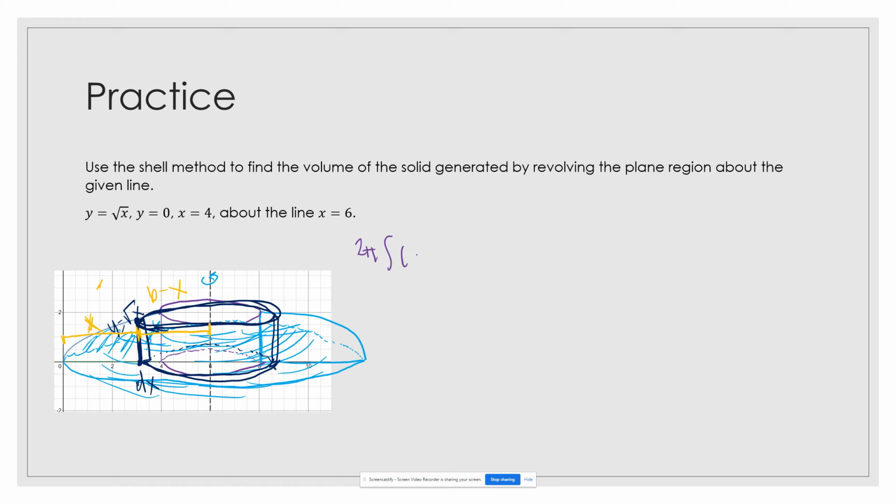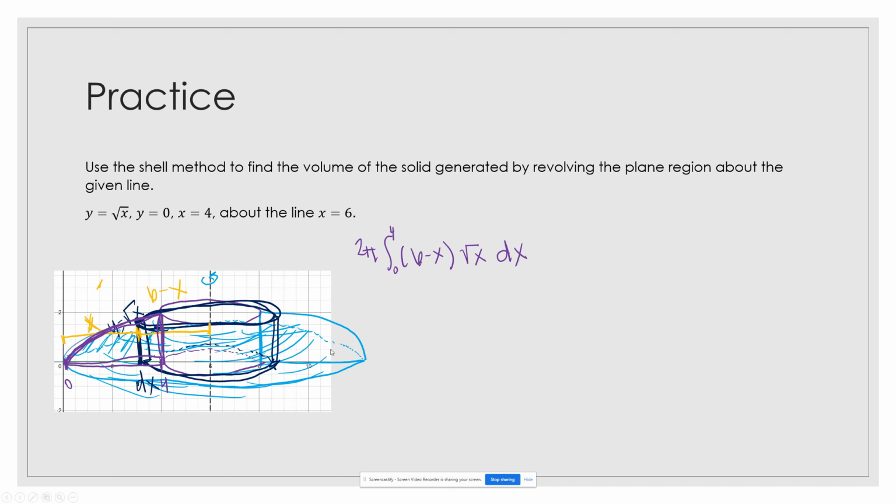Times the radius, which is going to be 6 minus x, and then times the height, which is the square root of x, times the width, which is dx. And we need to figure out what we're integrating from, and how to figure what you're integrating from is just the region that is being rotated. So the region that is being rotated is this, and our lowest x value is 0, and our highest x value is 4. So we are integrating from 0 to 4.